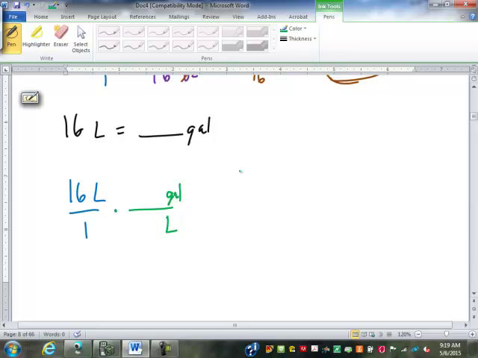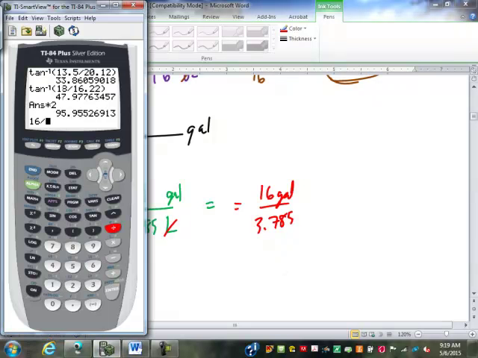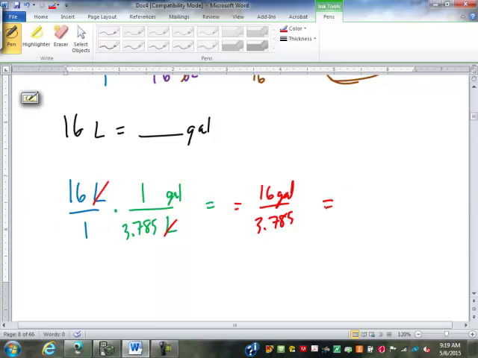There's 2 of them. You could have 1 liter is 0.28 or something gallons, or you have 1 gallon is 3.785 liters. Good. So the liters cross cancel. 16 times 1 gallon is 16 gallons. 1 times 3.785 is 3.785. So we have to do 16 divided by 3.785. What's that? Perfect. 4.23 gallons.